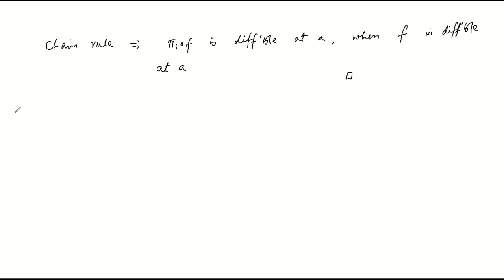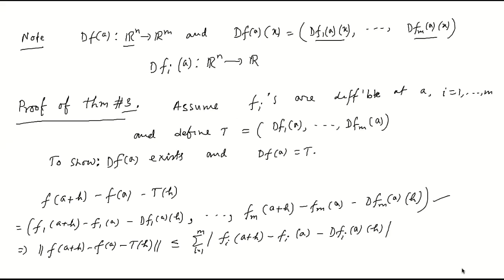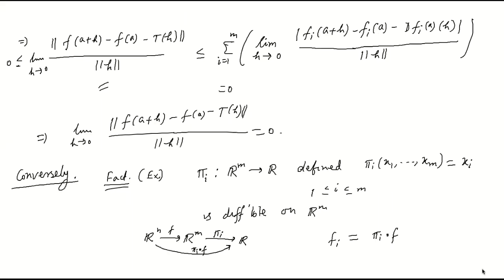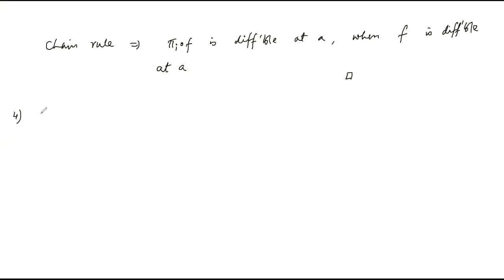The fourth item is the derivative of sum and product functions. Consider S from R2 to R defined by S of (x, y) equal to x plus y.